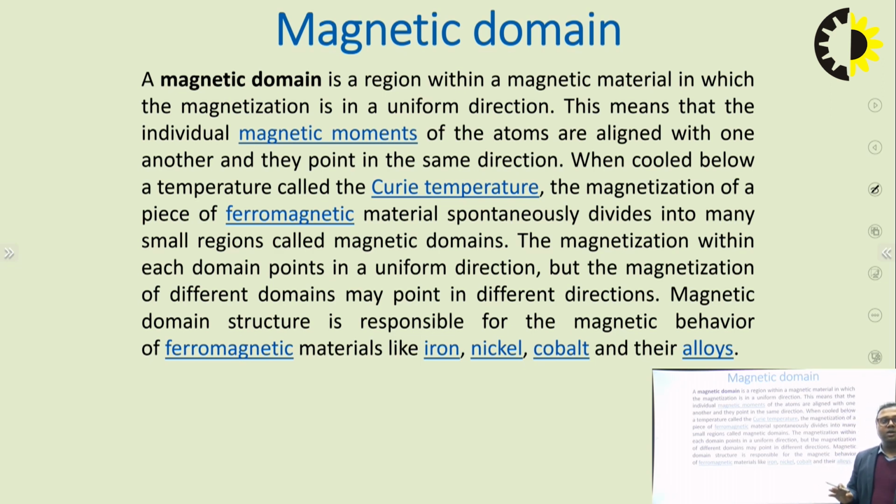So the magnetic domain structure is responsible for the magnetic behavior of ferromagnetic materials like iron, nickel, cobalt, and their alloys. The interactions between these domains and the alignment of the dipole moments in each domain define the magnetic behavior of that particular material.